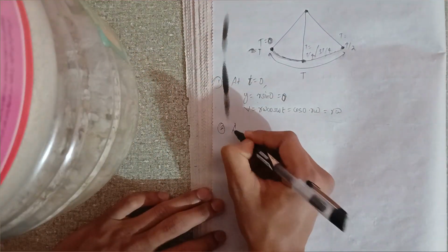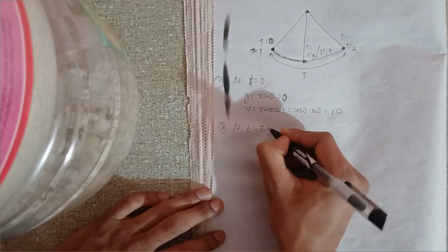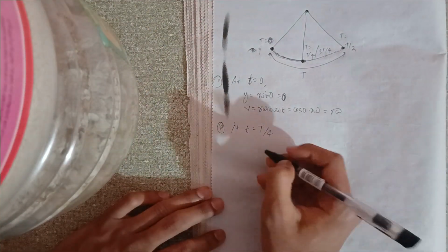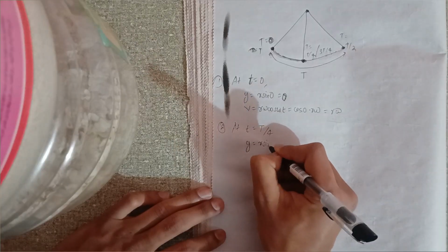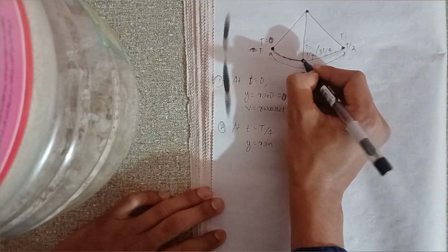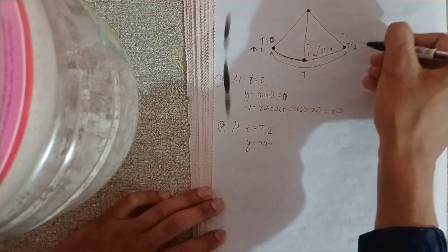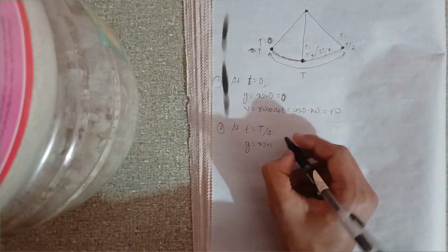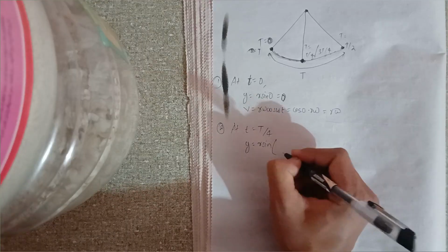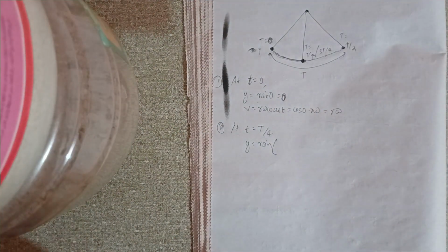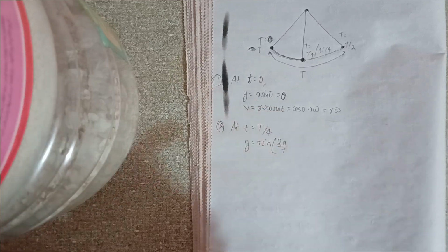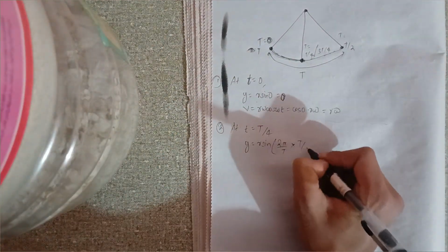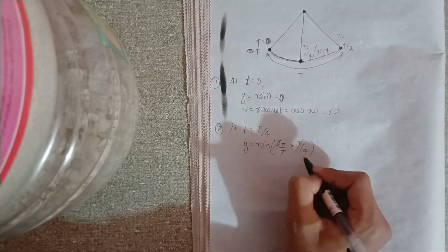At the second place, there is at t equal to T by 4. We are here now. At this point, the displacement is r sine. What is the displacement right here? The whole displacement is, we have omega t, right? So what is omega? We know omega is 2 pi by T. That is the formula of omega. And t is T by 4. So T by 4, this cuts off, this cuts off.